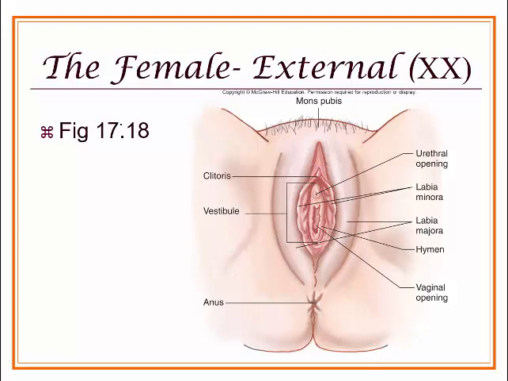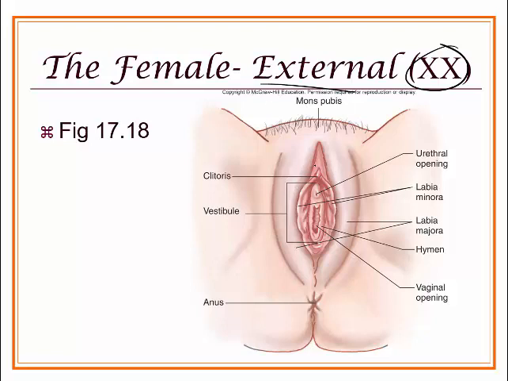So again, the female genetically has inherited 2 X chromosomes, one from the mother and one from the father. And as we've just seen, that is going to determine which reproductive structures are going to develop. This is an external view of the female reproductive structure from figure 17.18.